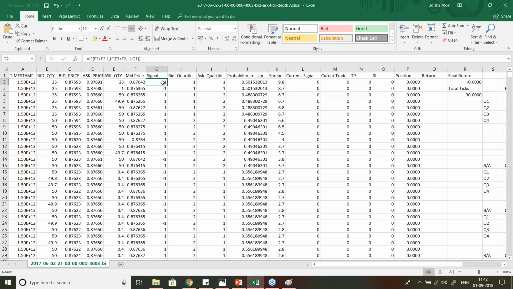You can count all the signals and tell me that in the last 3 days, whenever the bid and ask were in Q1, the market has gone up like 50% of the time and gone down 50% of the time, right? So the signal will help us understand how the future movement is going to happen given the current situation of the order book.